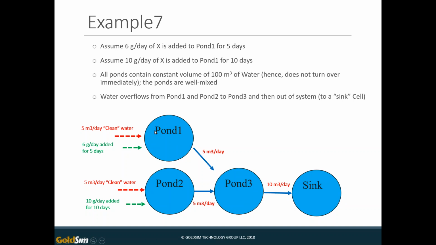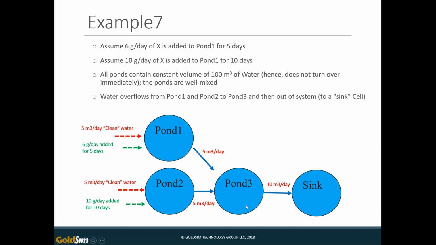So the volumes in this simple model are still constant. The volumes in all 3 of these ponds are 100. We're not changing the volume yet, but these are not tiny little volumes. They're the real volume of the pond.